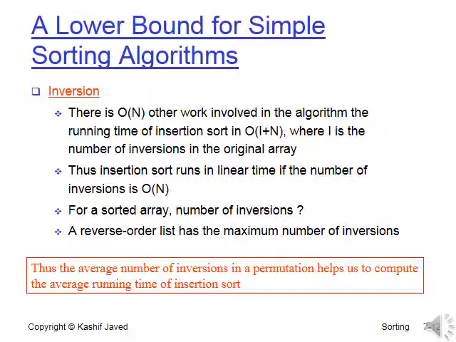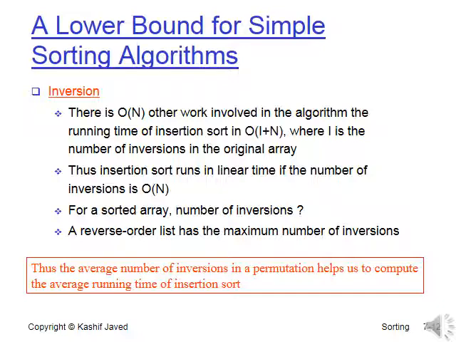We need to find an upper and lower bound for the sorting algorithms in order to find an optimal sorting algorithm. Insertion sort gives us an upper bound of order n squared, which is the worst case.